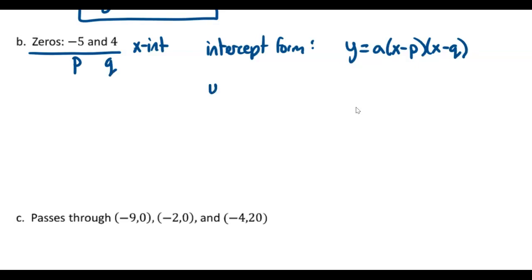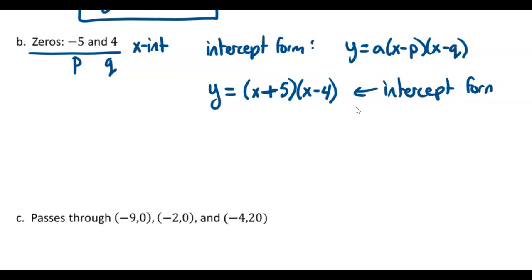So we are going to do y equals, we don't have enough information to find a. They would have to give us a third point, one more point besides the zeros, to be able to say what a is. So I'm just going to ignore a, and I'm going to do (x minus -5) times (x minus 4). I can change the minus and -5 to plus, and this is my answer in intercept form.